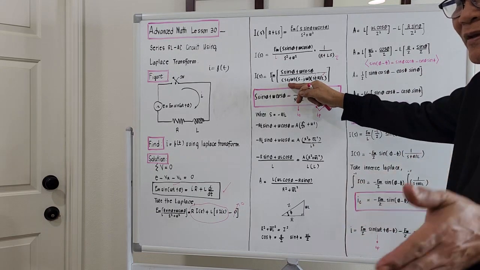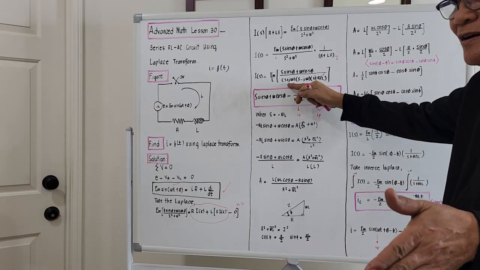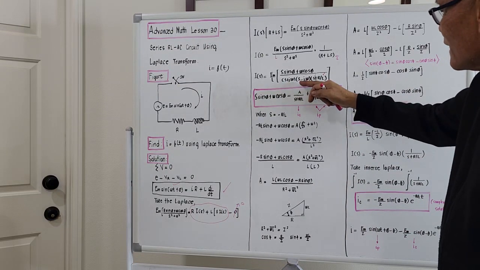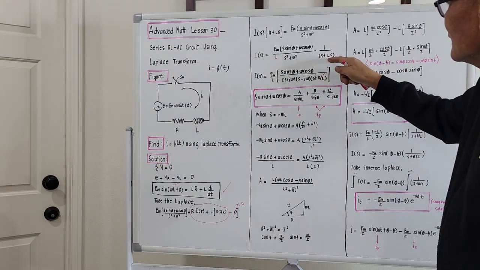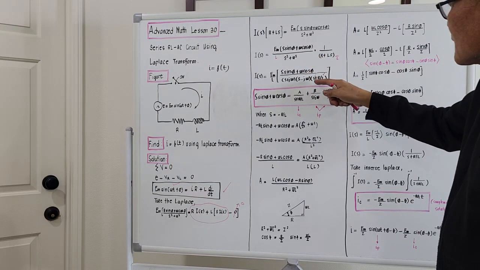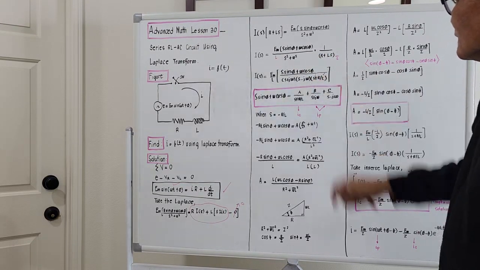We are discussing oscillatory conditions here. It is times the simplification after inserting L inside, which is actually S plus R over L, closed quantity.